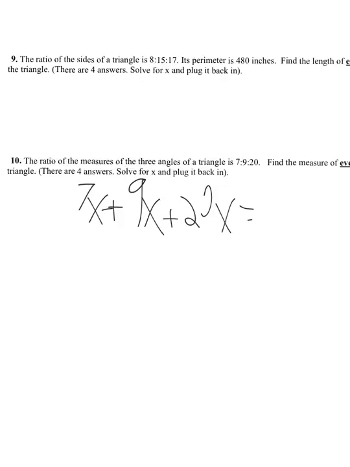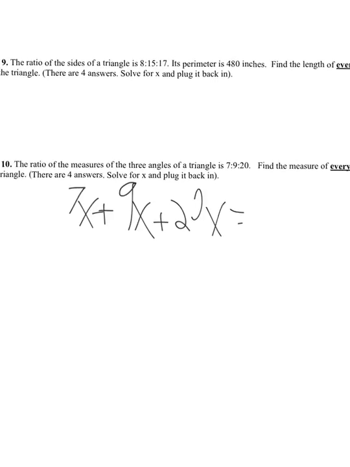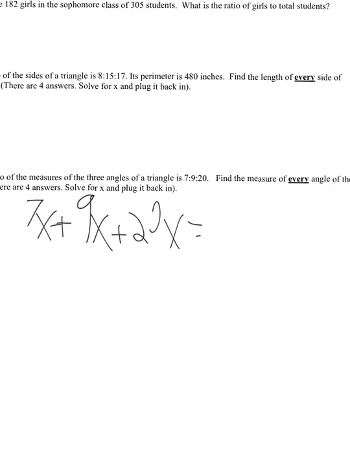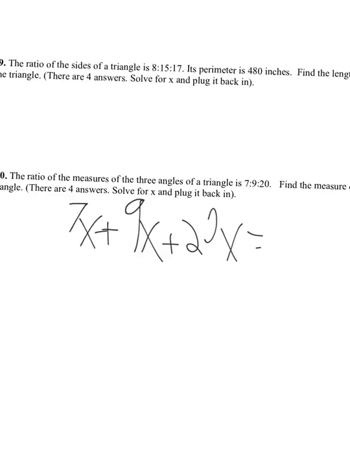What's that going to equal? Did I tell you what it equals? No. But what did I say about them? I said they were angles. What do angles equal in a triangle? That's right, 180 degrees.